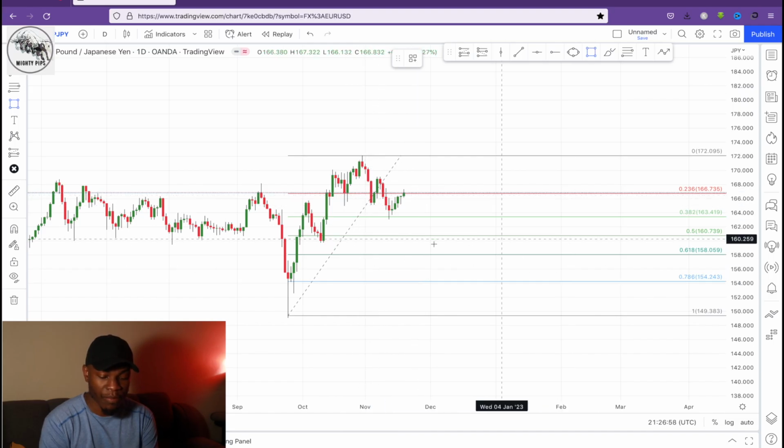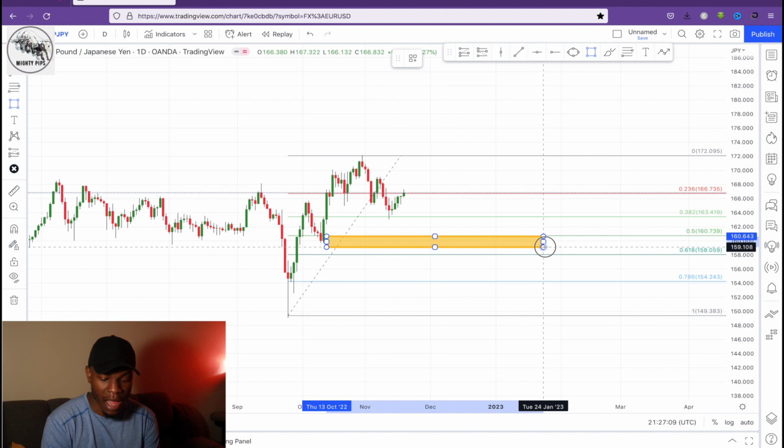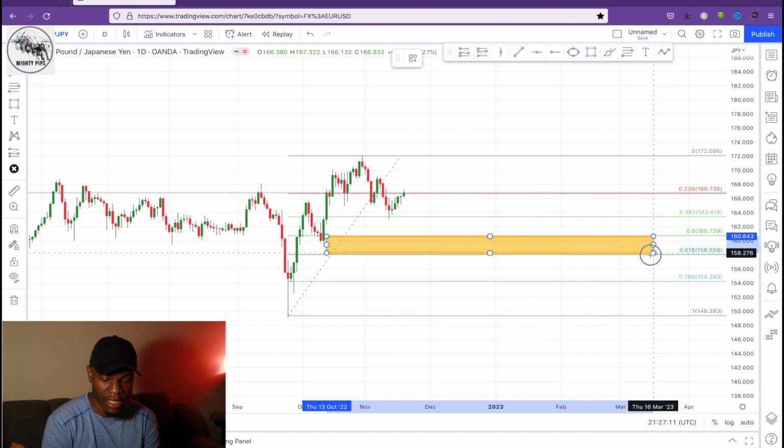So I like to draw a golden zone, as I showed you guys in the previous video. If you've not watched that video, maybe you could go and watch that video. I may leave a link in the description down below, or I may put up a link here in the pop-up in the video. So you want to look for the 50% Fibonacci and the 61.8 Fibonacci, which is this area, and you want to draw a rectangle tool there. I like to color mine gold. You can color it in any color you want.